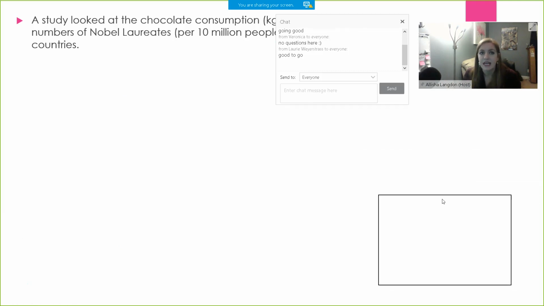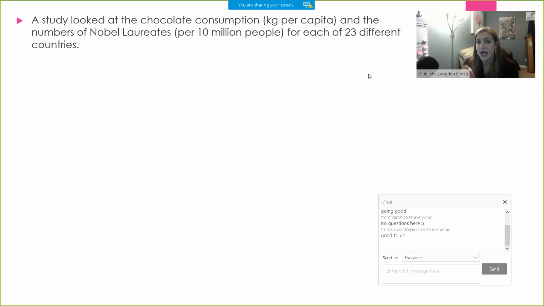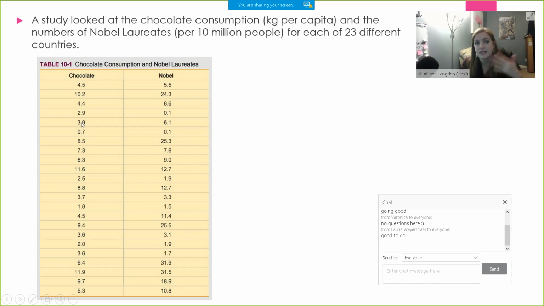So here's this study on chocolate consumption, kilograms per capita, and the numbers of Nobel laureates per 10 million people for each of 23 different countries. So here's the data they collected. They said, okay, here's how much chocolate is consumed, kilograms per capita, and then here's how many Nobel laureates, or winners of Nobel Prizes, there were in each of these countries.